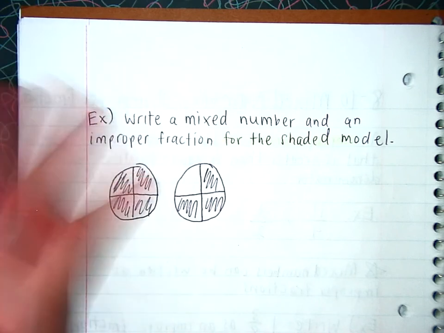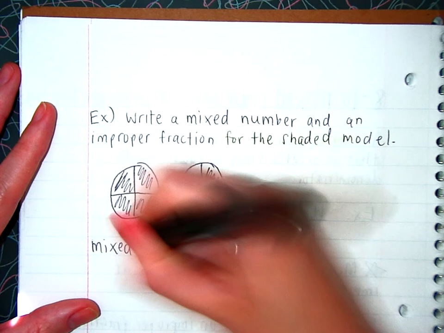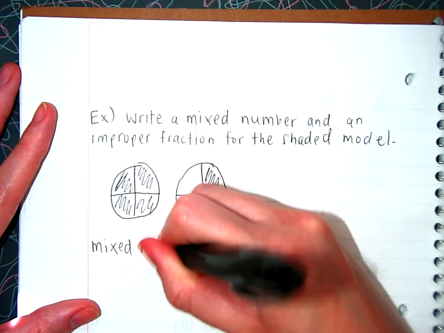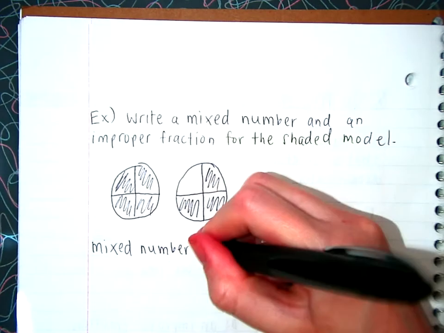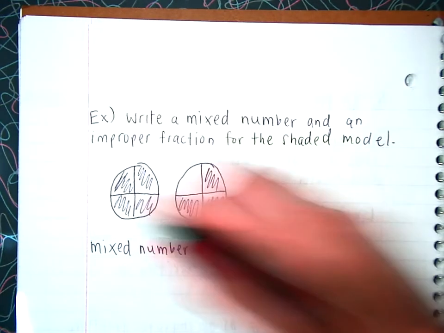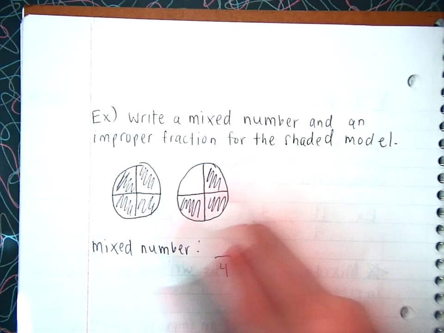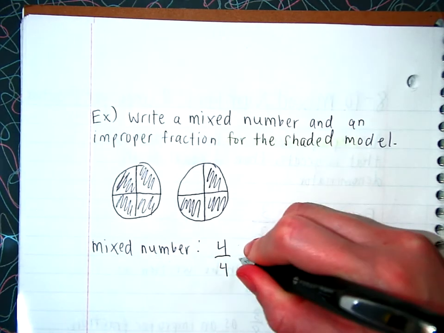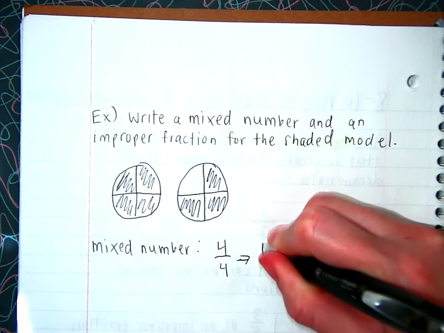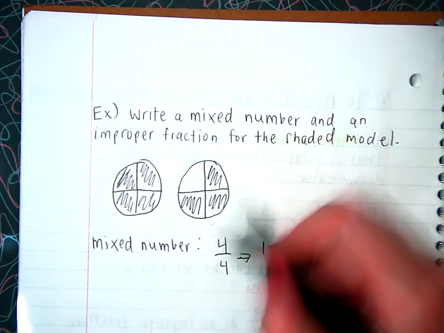So then if I'm going to write my mixed number, remember it's the whole part and the fraction part. So the mixed number would be, there's 4 parts, so that's my denominator. There's 4 shaded, so 4 over 4. That would give me the 1 whole. Then I look here at this.